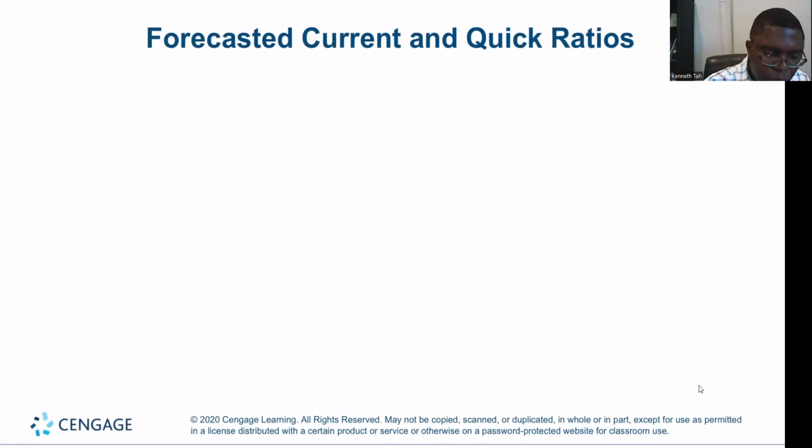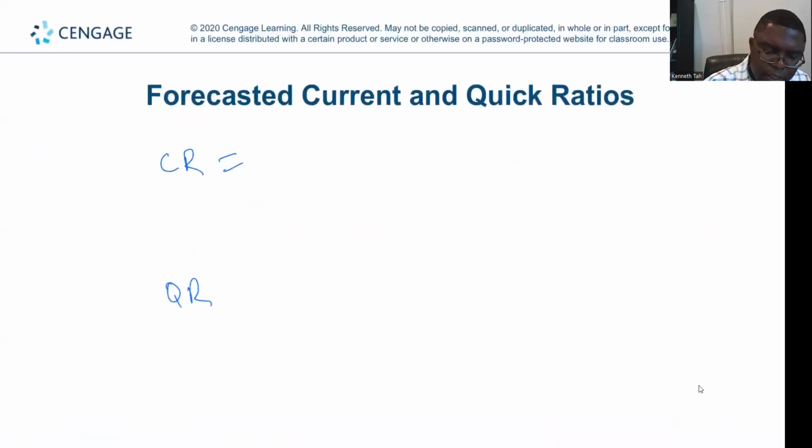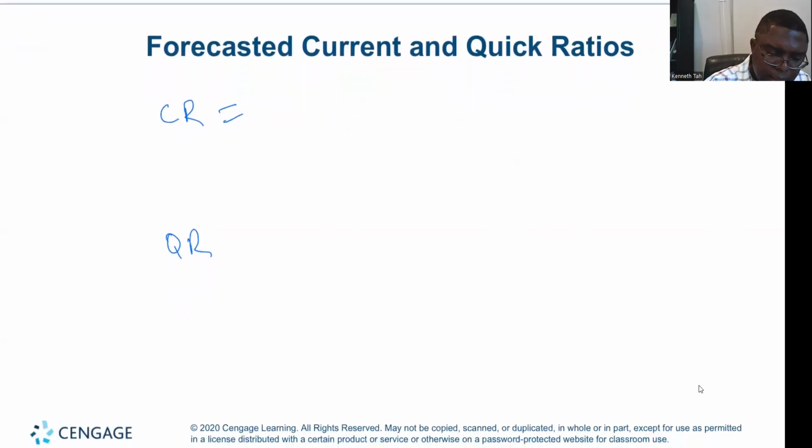The first one is what we call the current ratio, and the other one is what we call the quick ratio. The current ratio is calculated as the current assets divided by the current liabilities.